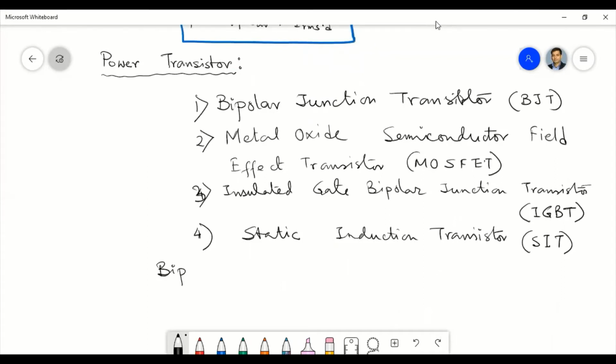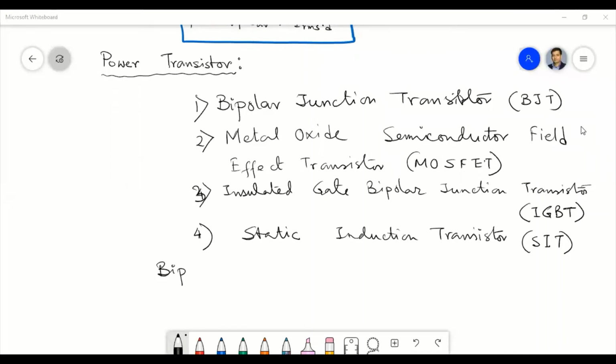Anything in the chat? I know that my voice is breaking, so I am not discussing many things, only writing some names. Can you see the board? Yes, sir.